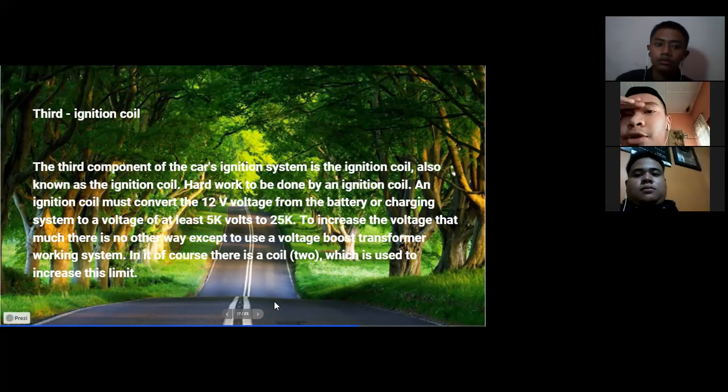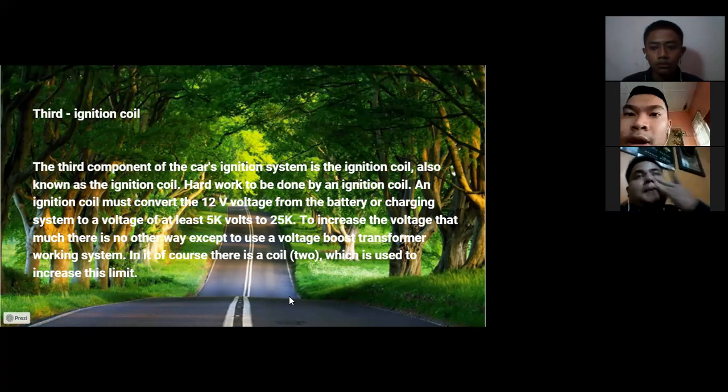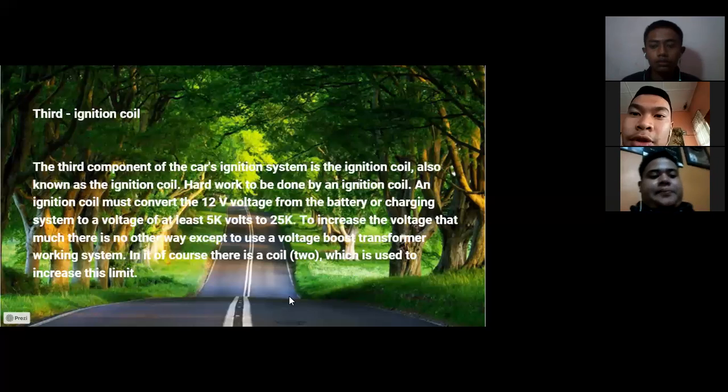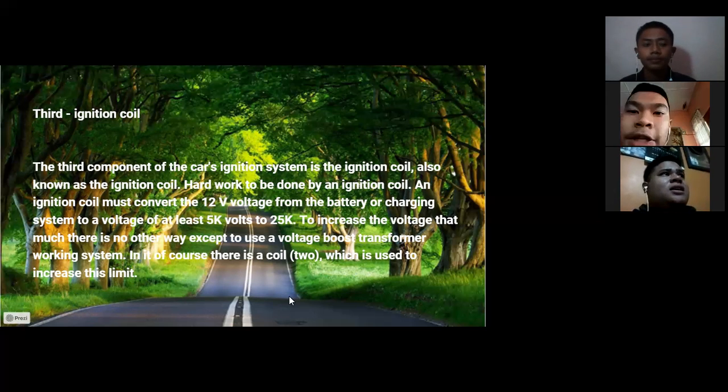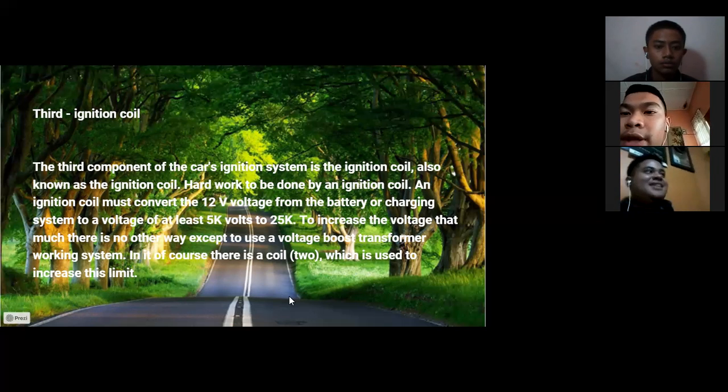Third, ignition coil. The third component of the car's ignition system is the ignition coil. Hard work has to be done by an ignition coil. An ignition coil must convert the 12-volt voltage from the battery or charging system to a voltage of 5K volts to 5K.